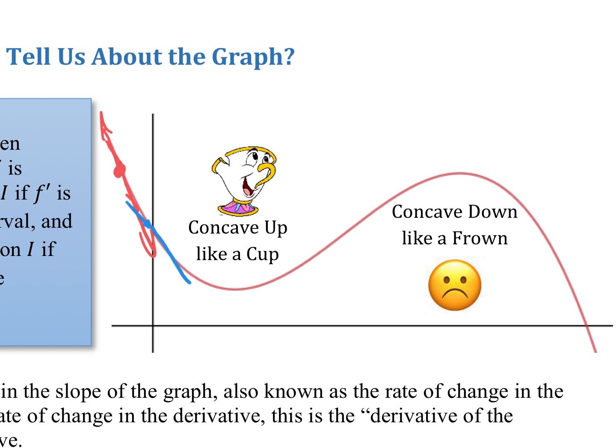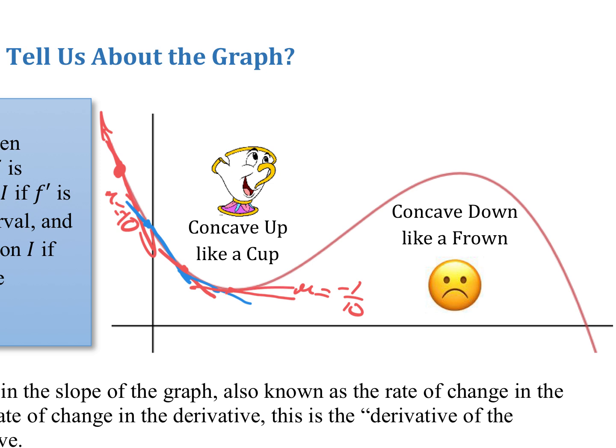There's another tangent line there. What's happening to the slope of these tangent lines as we move to the right? Well, they're still negative, but they're getting less negative. This might have a slope of like negative 1/10, and this might have a slope of negative 10. So they're getting less negative, so they're actually increasing.